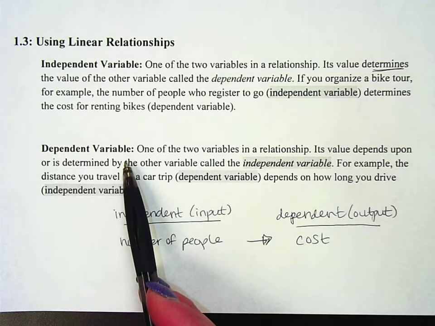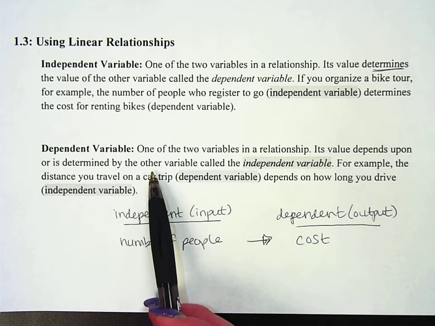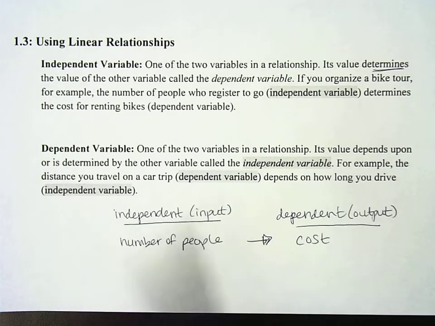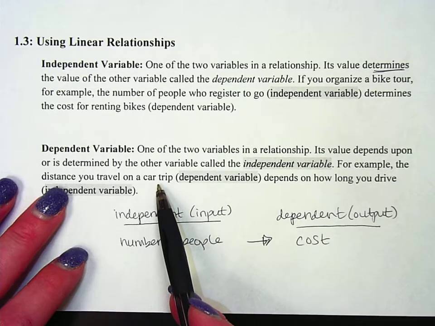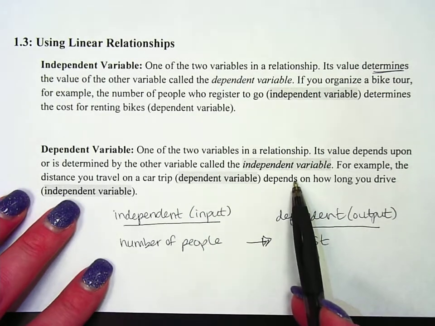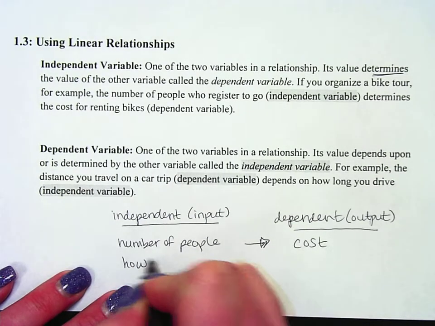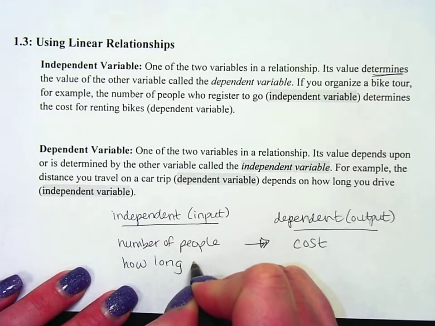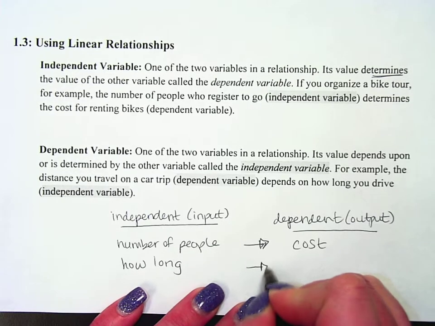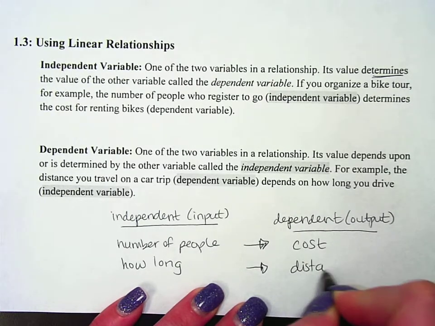The other way to look at it, the dependent variable is the one that is determined by my independent variable. For example, if I travel a distance in my car, it depends on how long I drive. So what I put in for my input is how long, we could think of that as time, and what I got out was my distance.